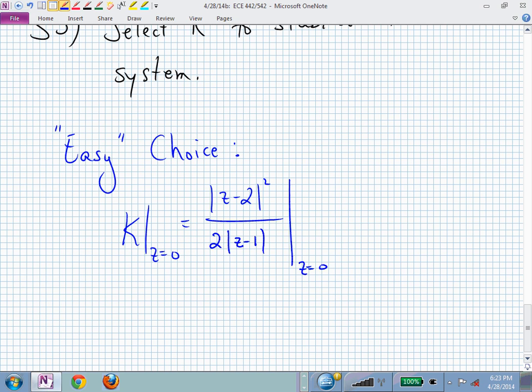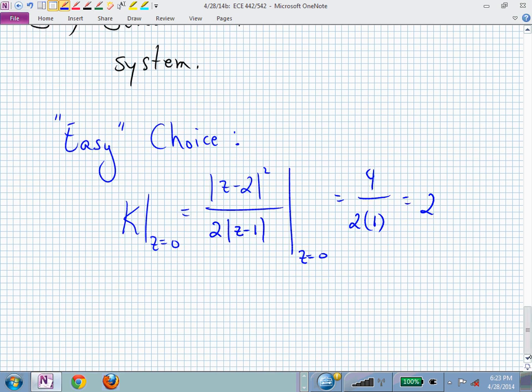I replace my z's with 0, and I have minus 2 squared divided by 2 times, wow, that's a difficult one, 1. So I could pick a gain of 2 to give me a stable system.